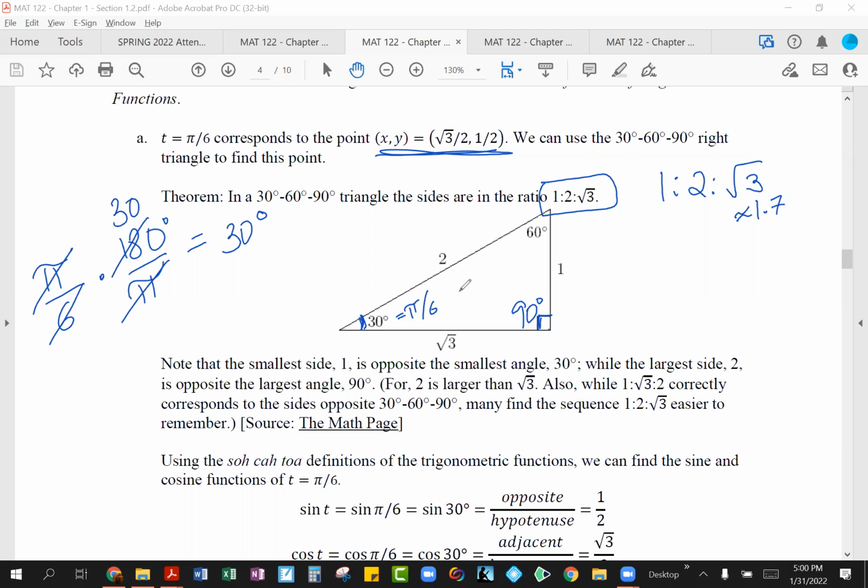So that's why across from 30 is where you have the measurement of 1. 60 is in the middle, and 1.7 of course falls between 1 and 2. So across from 60, you have the square root of 3. And then, like I said, across from 90 is going to be the largest number, which is 2. So if you can remember that in the 30, 60, 90 triangle, your ratio will always be 1, 2, and square root of 3.